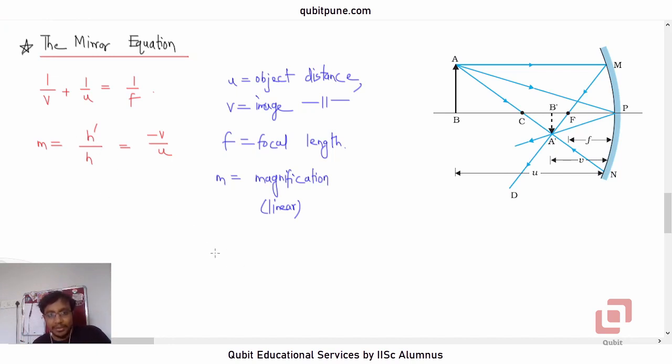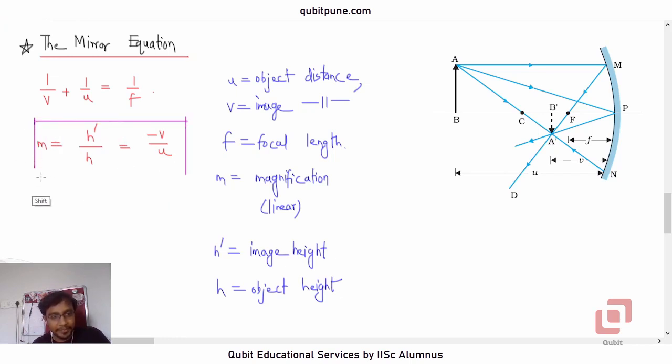So H prime here is the image height, and H is the object height. Using geometry you can prove that H prime upon H is negative V by U. We have proved it in our regular lectures if you remember.